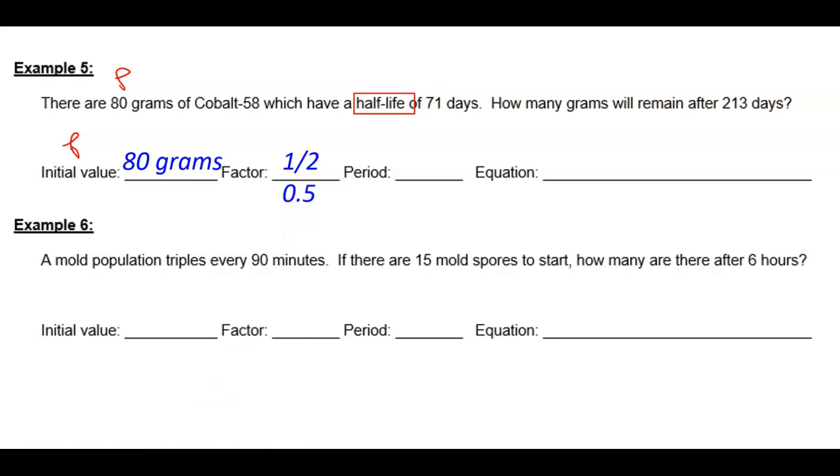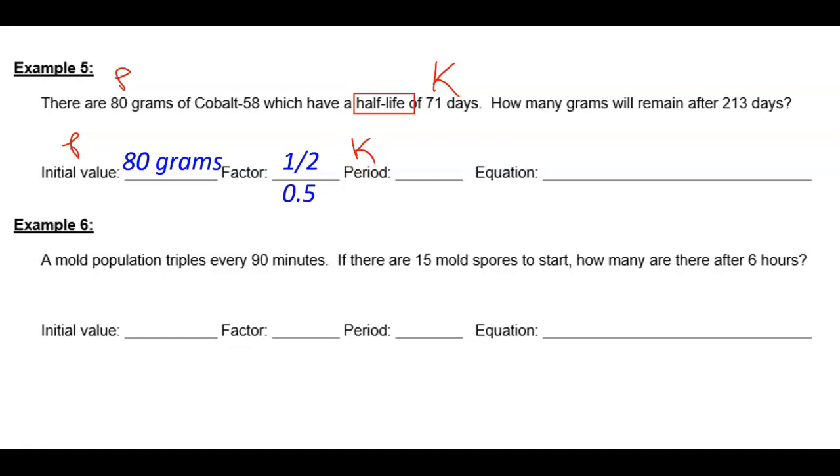Now, when we're looking for the period, we are looking for how long it takes for it to go half. So how many days does it take for it to be half? 71. If it says it has a half-life of 71 days, the 71 days is the period. And the period is signified with the letter K for some reason.